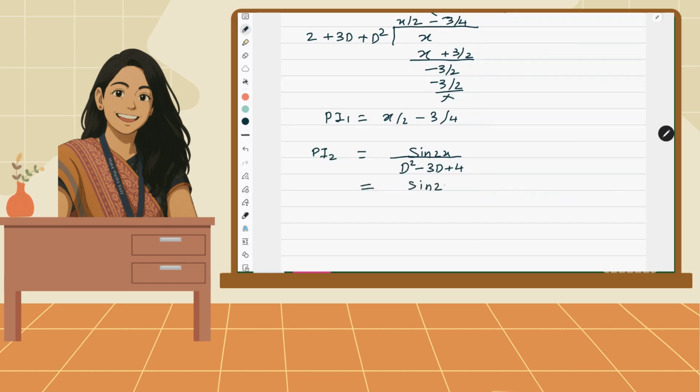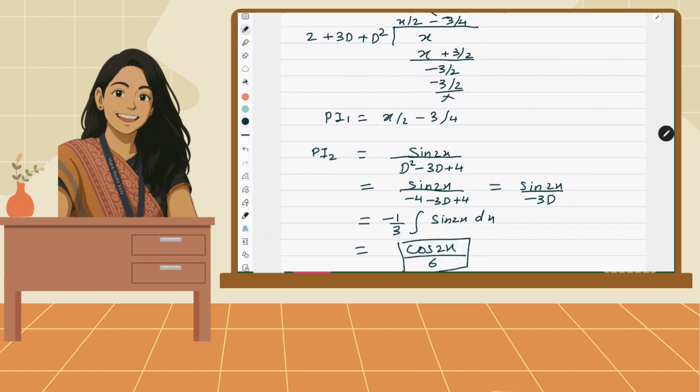So sine 2x upon minus 4 minus 3D plus 4, which is equal to sine 2x upon minus 3D. So which is equal to minus 1 by 3 integration of sine 2x dx, which is equal to cos 2x upon 6. So this is my pi2.